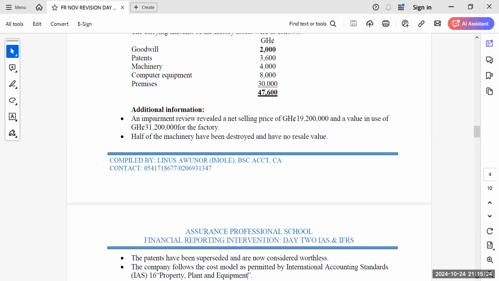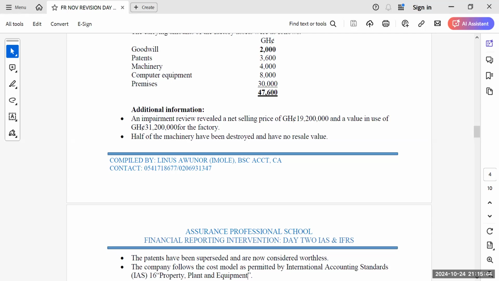Charles, why do you think the machinery has to be impaired? Oh, sorry, I just remembered. You can also assume that the remaining one has also impaired, no problem. But the assumption is that the only part of the machine that has impaired is the half of them. The remaining half can still be sold at their carrying value.